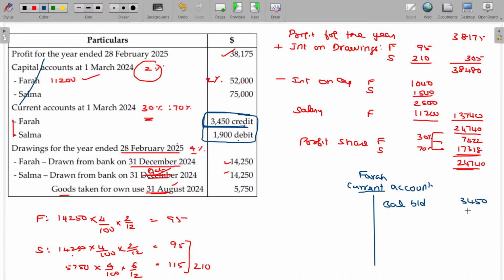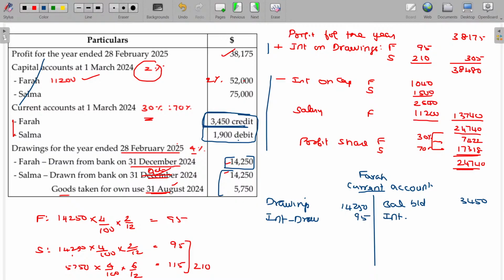And once you complete this, immediately debit the drawings account here. The drawings here being these two. Salma no, Farah's case only one, 14,250. Apart from that, this will be the debit side, and these are on the credit side. So interest on drawings 95 for Farah.